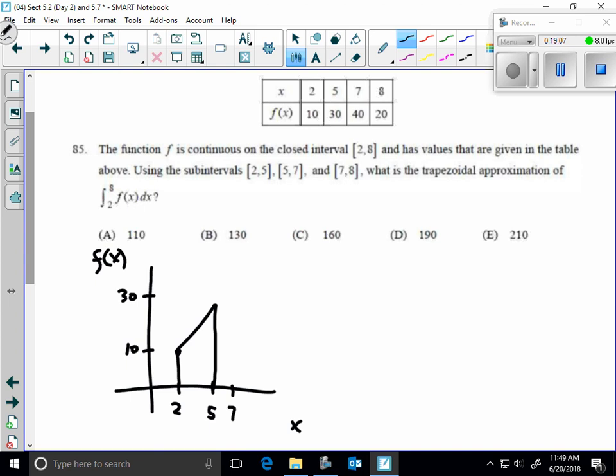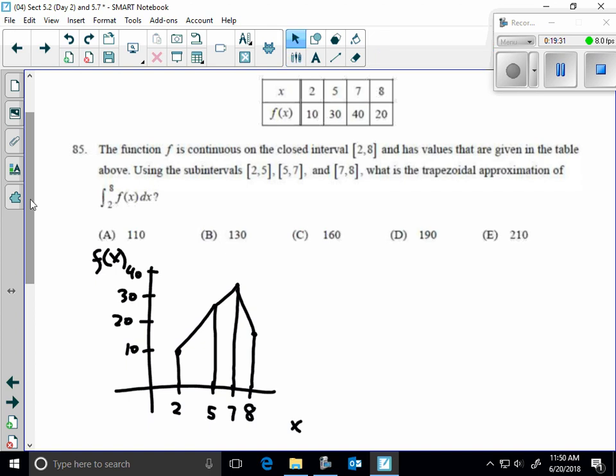And f of 7 is 40, so I'll go up here to 40. Plot that. And then f of 8 is 20. Okay, so let's find the area of these three trapezoids.